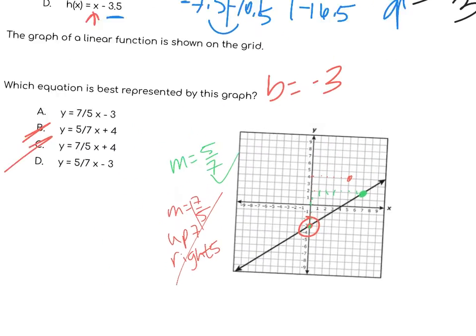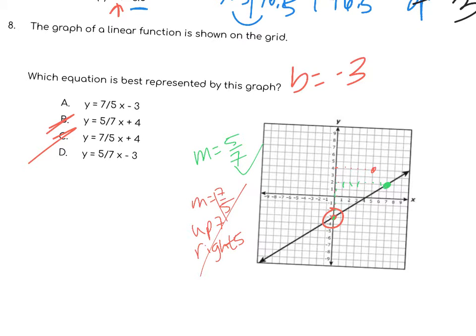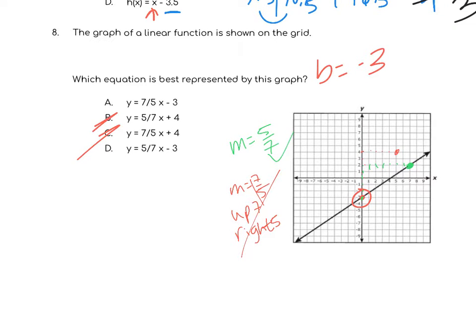So the other way you could do this is pull points off the line, although it looks like it's not quite on a point, but it'll get you close enough. Like I said, it's not going to be multiple choice. So when you are trying to find the equation of this line, you need to find 2 points and either make a table of them to find change in y over change in x, or count the vertical change and compare it to the horizontal change.